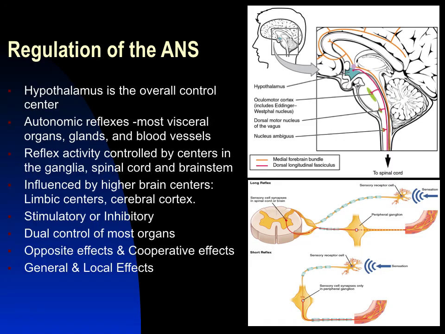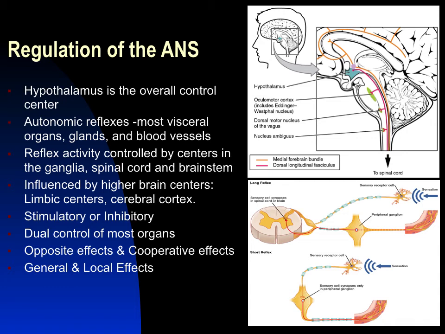Okay, and then this regulation of the autonomic nervous system is primarily done by a couple centers. The most important one is the hypothalamus, but there are others, and these are located in the midbrain and in the medulla and in the base of the vagus nerve. There are autonomic reflexes that influence many visceral organs, glands, and blood vessels. These may involve the spinal cord like somatic reflexes, but they may not.